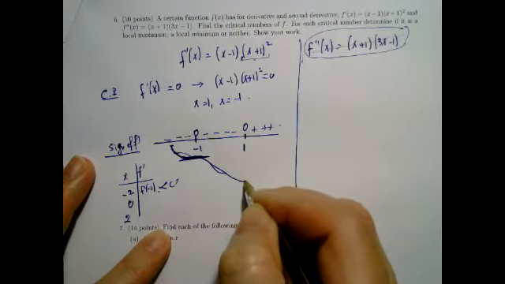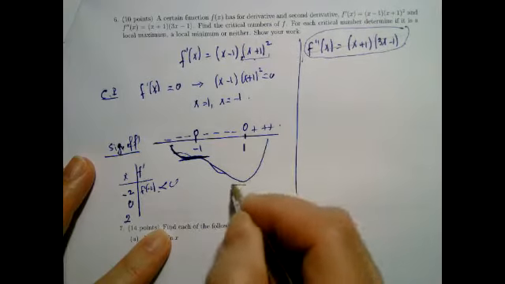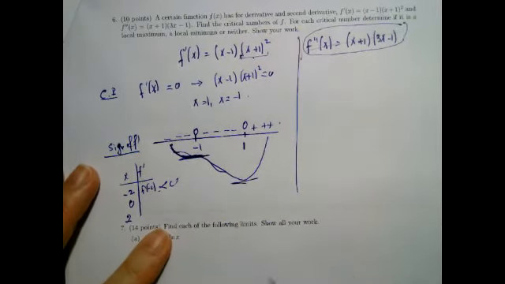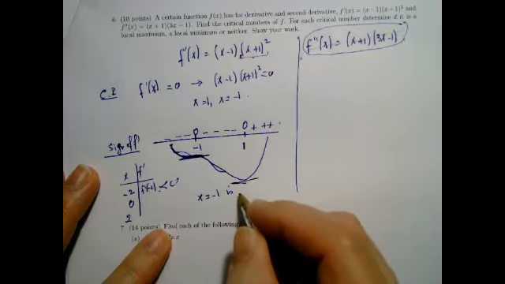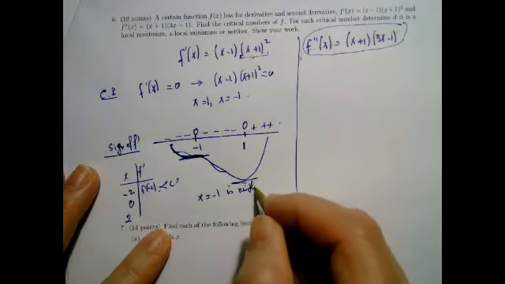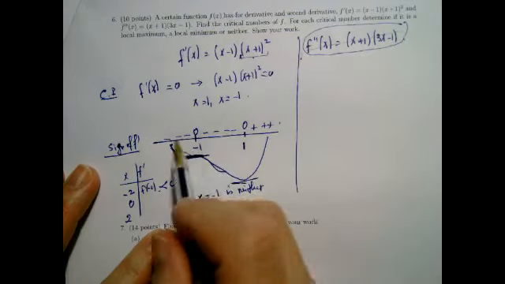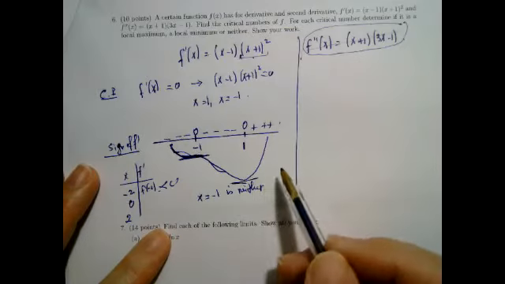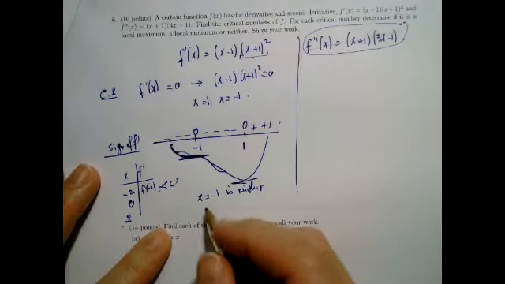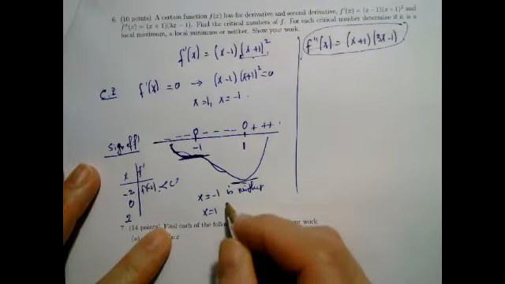And then it goes down and back up here. So x equal to minus 1 is neither a max nor a min, because there is no change of sign. The derivative is not going from positive to negative. The function keeps decreasing. So minus 1 is neither, x equal to 1 is a local minimum.